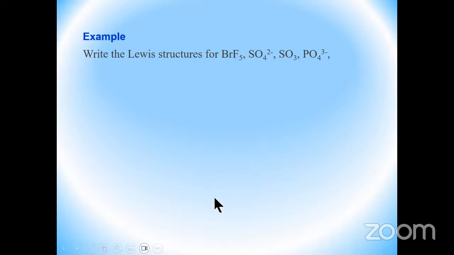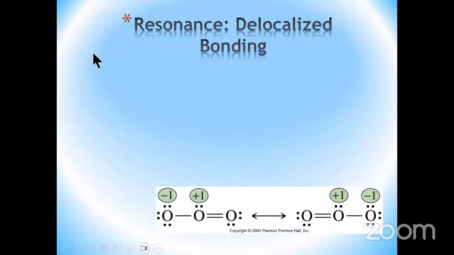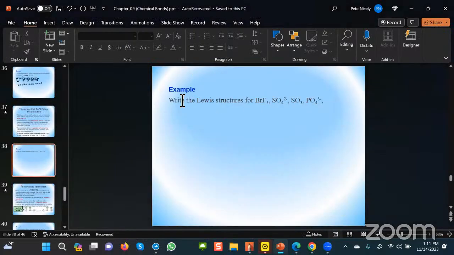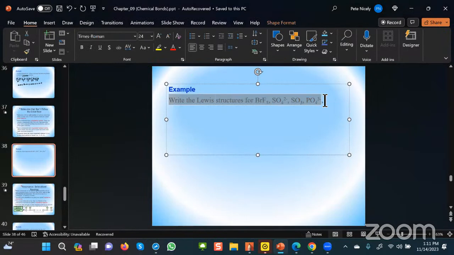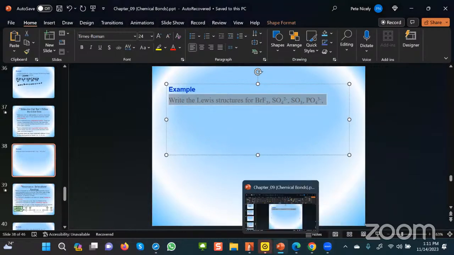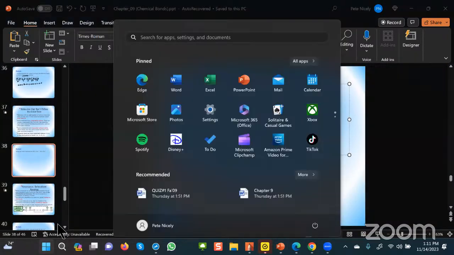And these are some good examples here. In fact, what I'm going to do is let me copy this here. And let me go to, you know what? Let me go to Word.